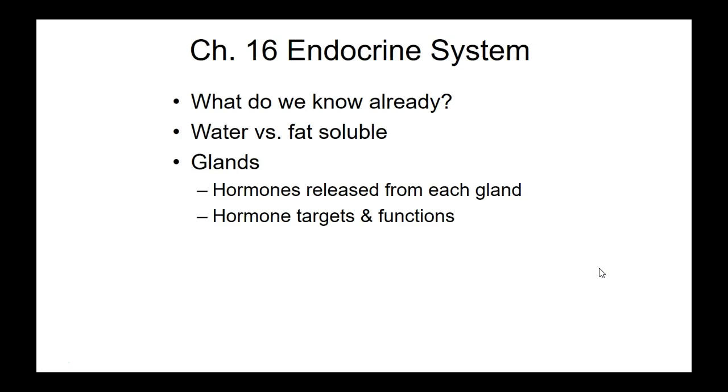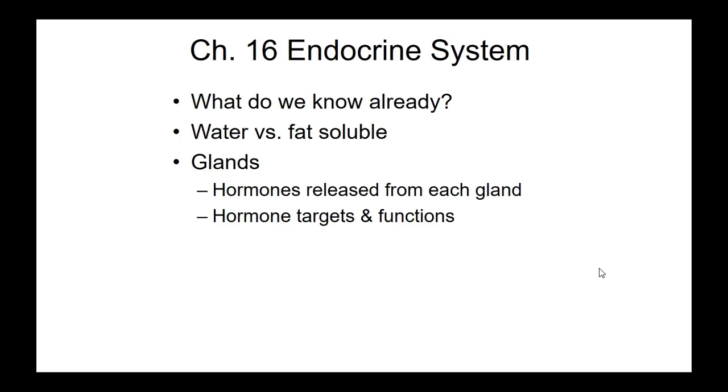So here, okay, for water-soluble chemical messengers, when we get into the endocrine system, we call these guys hormones, and we'll talk about why that is in just a second.